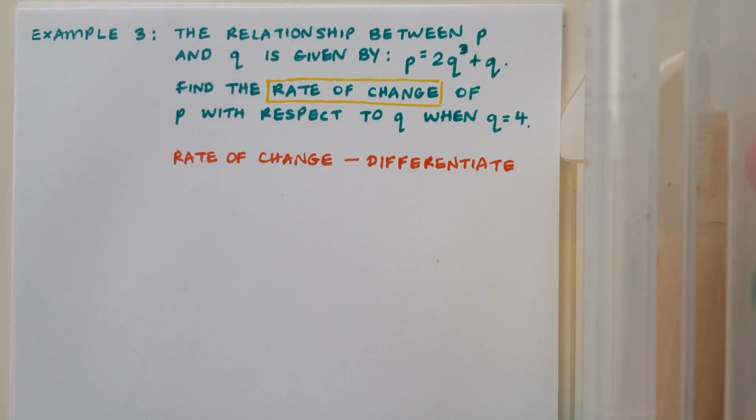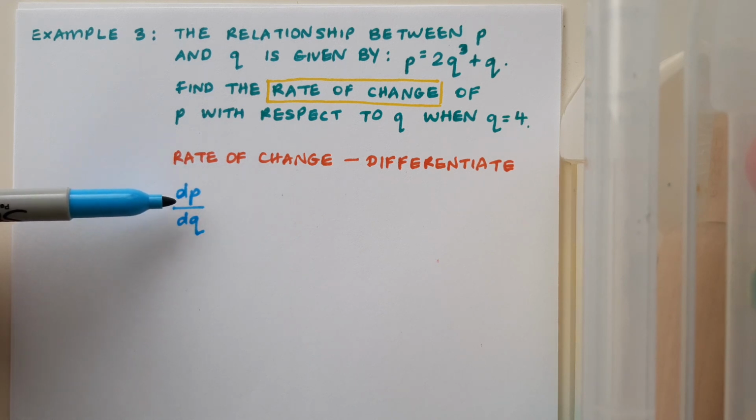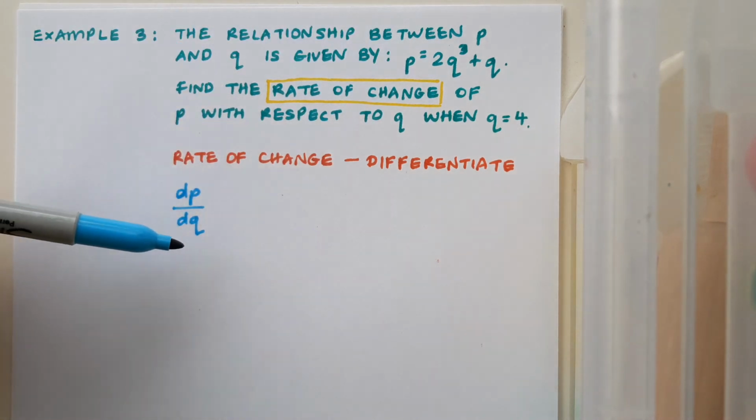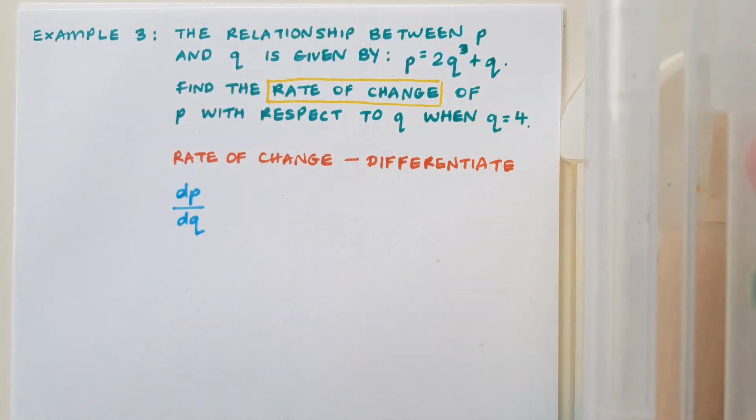And of course, I'm going to call it dP/dQ. Remember that when you're differentiating, the name that you give to your derivative will always be on top, P in this case, which is the name of the formula, and on the bottom, in this case Q, which is the variable that occurs in the formula.